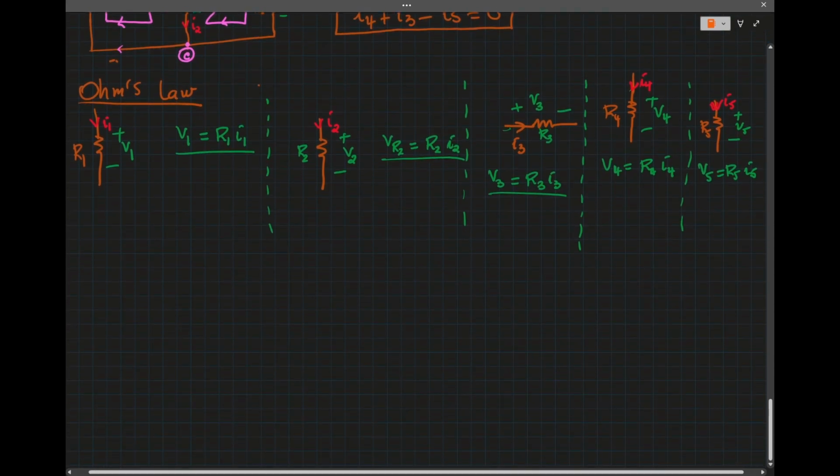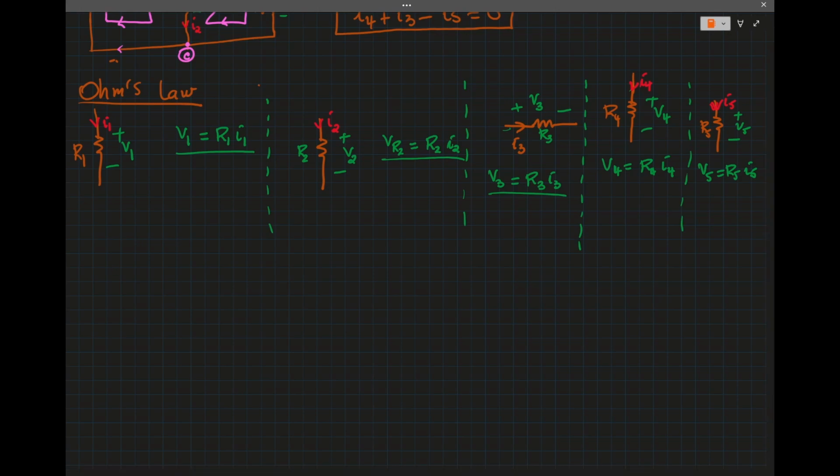Okay, so putting it all together now, we have the element relationships. What do we have?